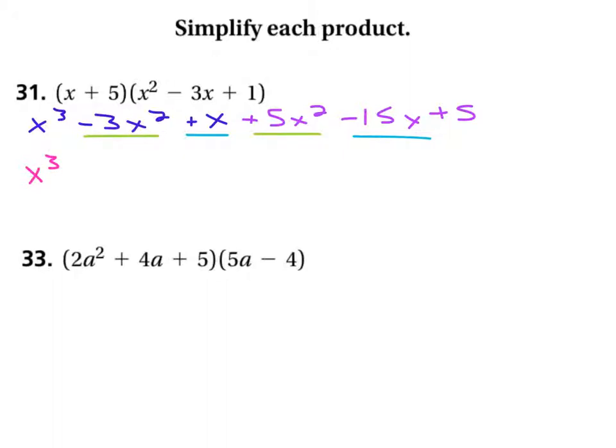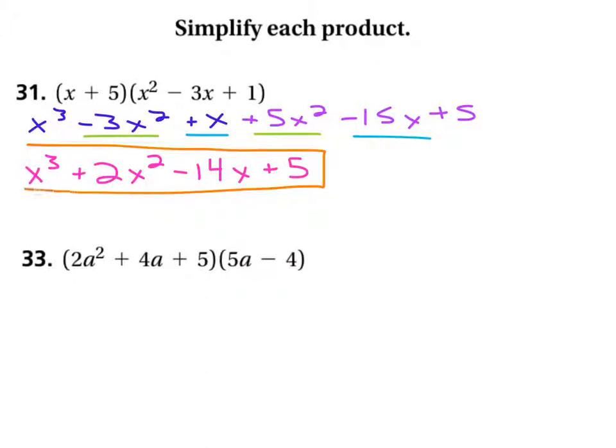The x squared terms underlined in green are negative 3 and plus 5, which combine to positive 2, x squared. Then the x terms underlined in blue, x and negative 15x, are 1 minus 15, which is negative 14, x. And then we only have one constant, 5, at the end. And that's our answer, so we will box our answer.